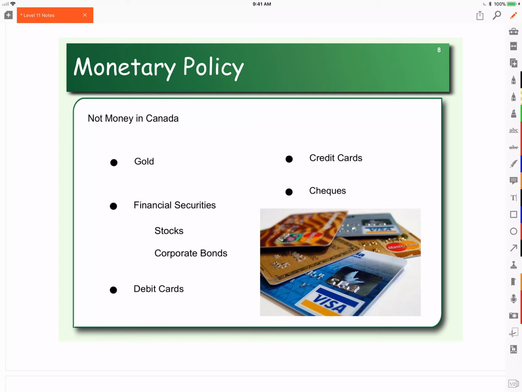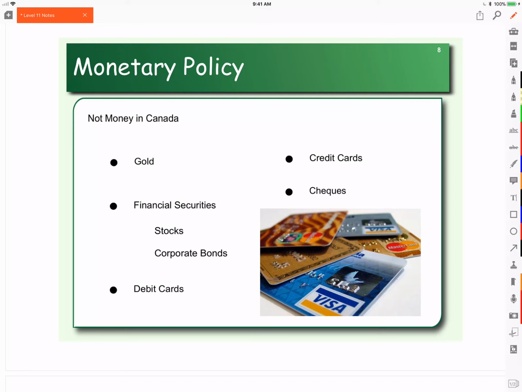Financial securities like stocks and corporate bonds are not money. So while mutual funds and government savings bonds are considered to be money, stocks and corporate bonds are not. And again, it comes down to how much regulation there is and who is the one issuing it.